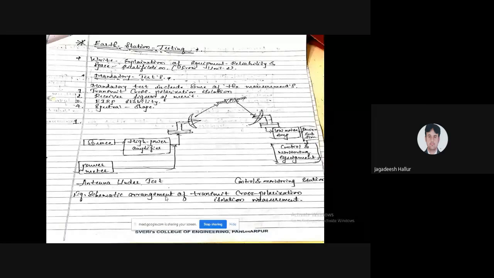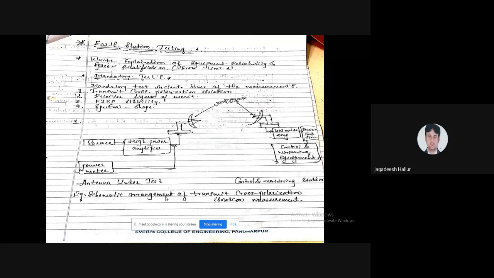Whether the particular equipment is reliable or not. Is it qualified or not? Everything will be calculated and tested at the Earth station itself. That is Earth station testing. Earth station testing is not testing the ground or the Earth. They are going to test particular equipment at the Earth station. That is the meaning of Earth station testing.